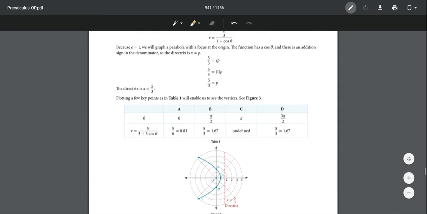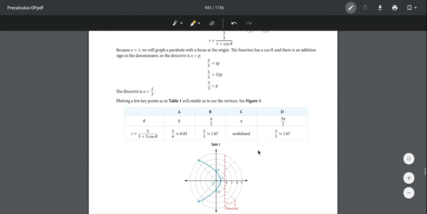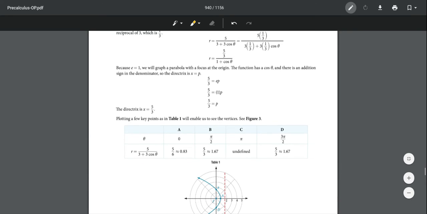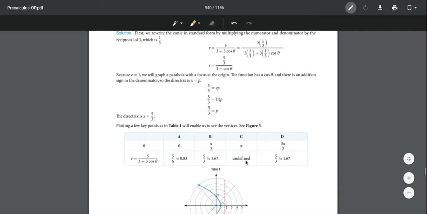We also want to know which way this is facing before we start trying to graph it. With a parabola, it's pretty obvious because at pi it's undefined, so it must be facing open in that direction, because that's clearly where it would be undefined. That's the only option here, but on the other ones, it's not necessarily going to be that easy.